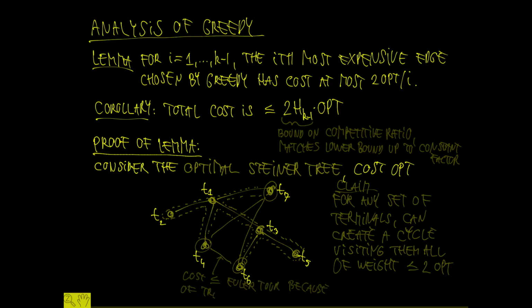The cost of going directly from one terminal to the next is bounded by the cost along the Euler tour because of the triangle inequality. If we have i terminal nodes and a tour among them of length at most 2 opt, it means that at least one of the edges has a cost of at most 2 opt divided by i.